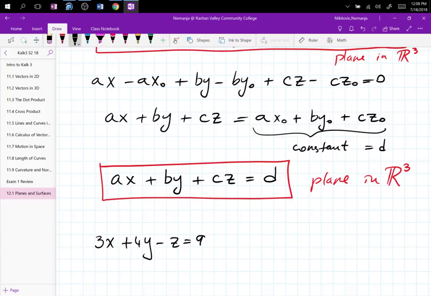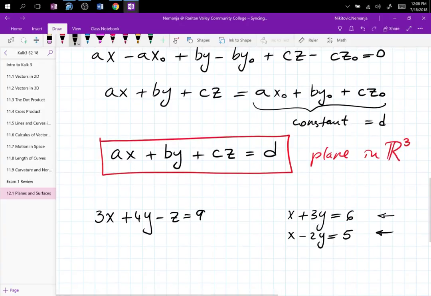When you have a system of equations for 2 variables, let's say x plus 3y equals 6 and x minus 2y equals 5, what you have here are 2 linear lines. And by solving the system, you are looking for the intersection of those 2 lines, which is xy.